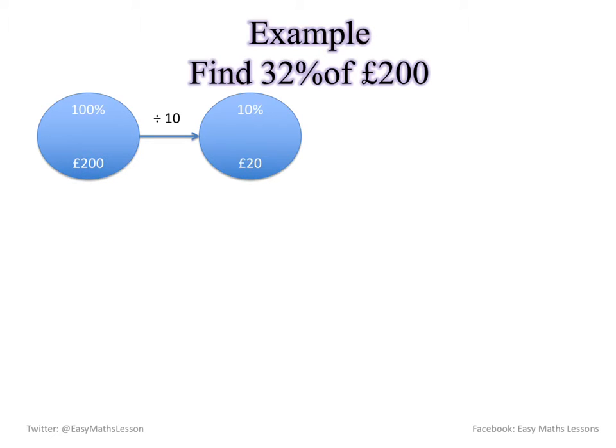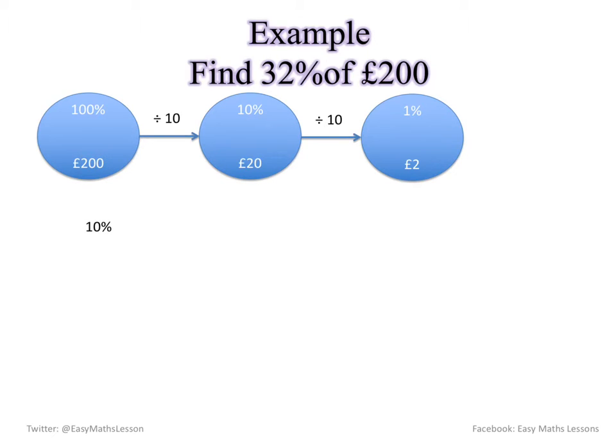And this time, I'm also going to find 1%. To find 1%, I take my 100%, divide it by 10 to find 10%, then divide it by 10 again. So essentially, I'm dividing by 100. So my £20 here, which is equal to 10%, now becomes £2 when it is 1%.